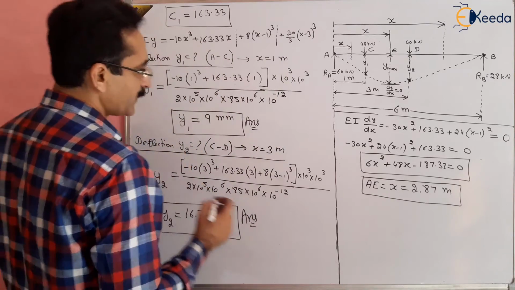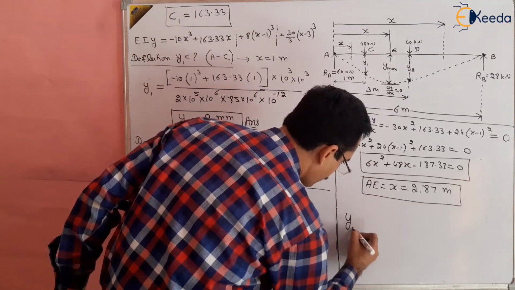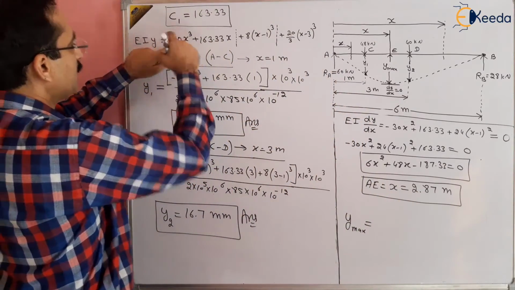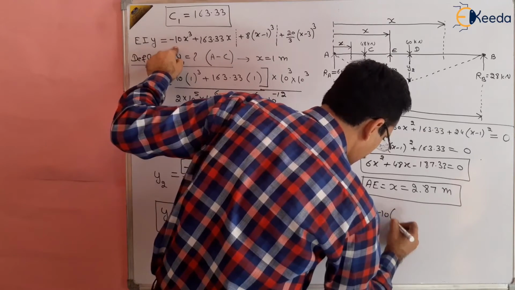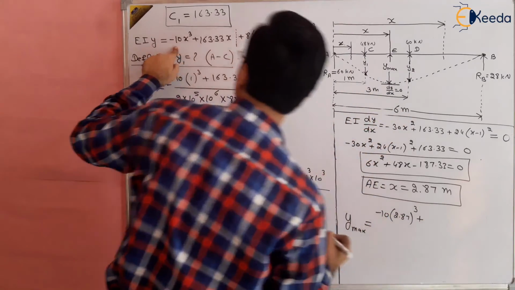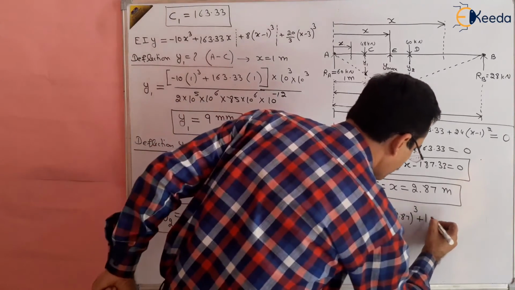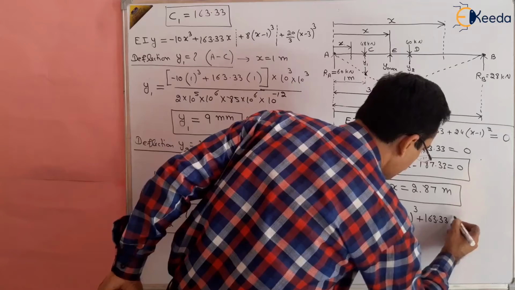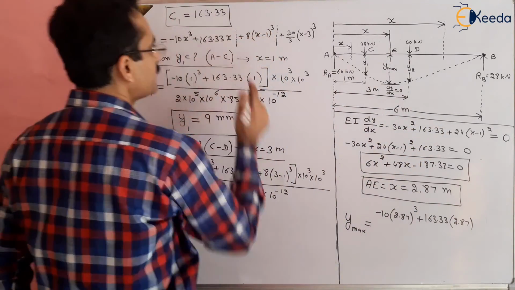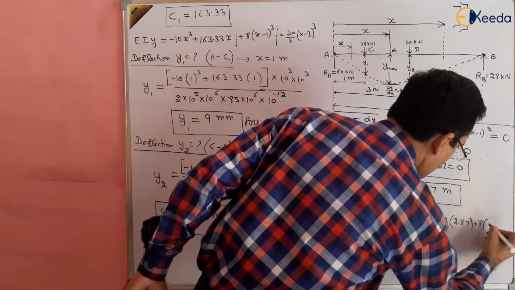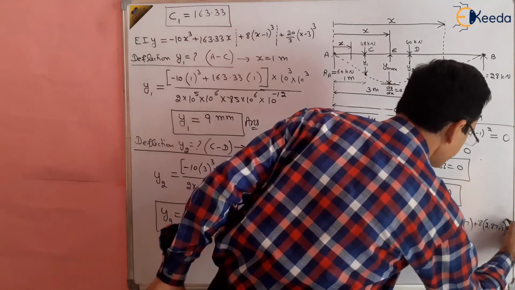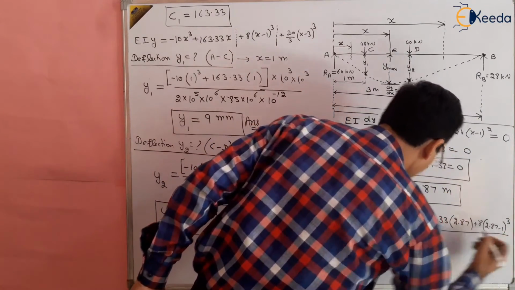So you can put here, y max will be equal to, putting here the 2.87 value, minus 10 multiplied by 2.87 cube plus 163.33 multiplied by 2.87 and plus 8 times (2.87 minus 1) cube, divided by EI.